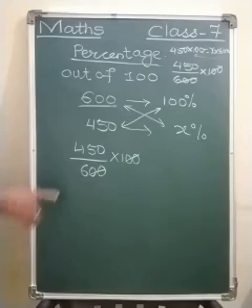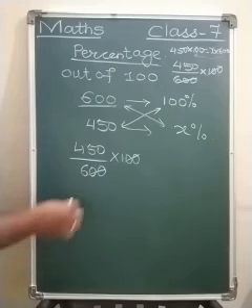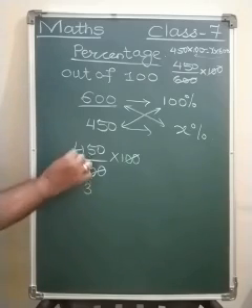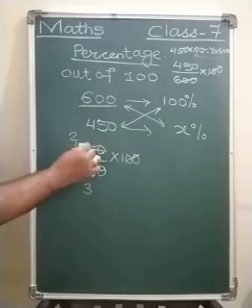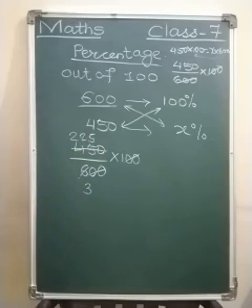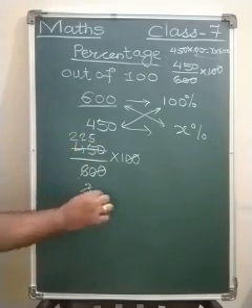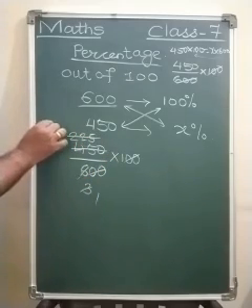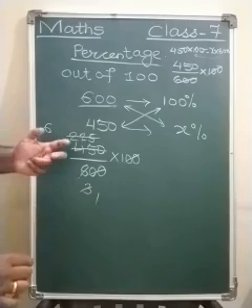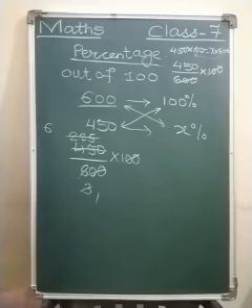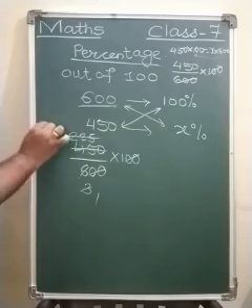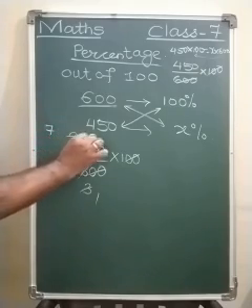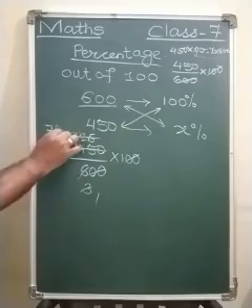So 450, these 2 zeros are cut. The common factor is here, 3 is also there, 2 is also there. So we will take with 2. 2 3s are 6, 2 2s are 4, 2 5s are 10. Then 225 divided by 3, it can go. 3 7s are 21, remainder is 15, so 3 5s are 15.